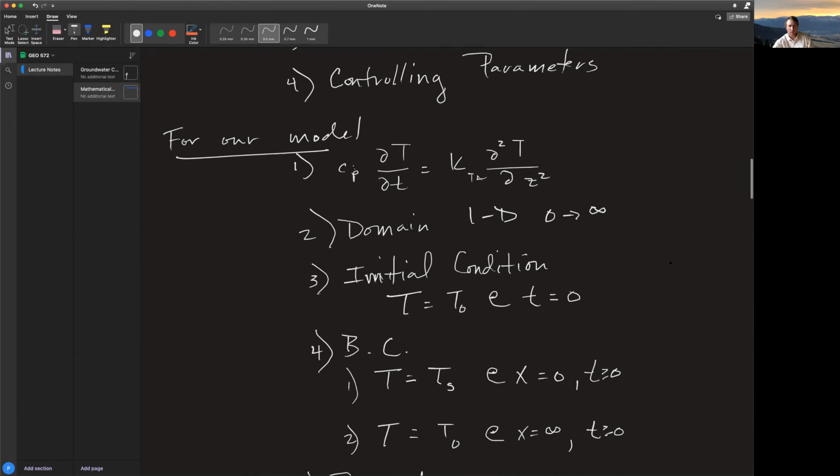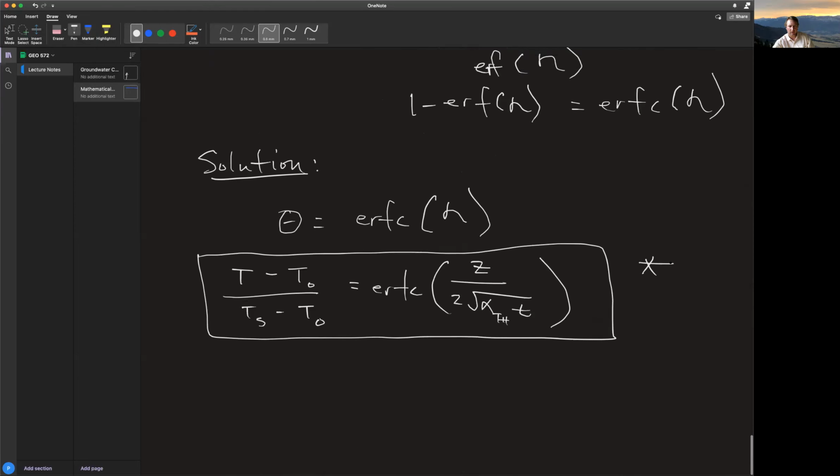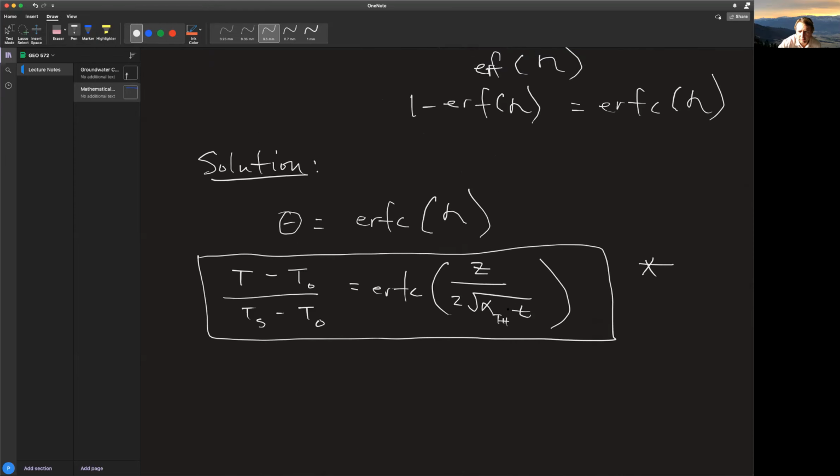Now we can use this analytical solution. We can plug any value for t in, any value for depth in, and we can calculate the temperature. This will allow you to calculate the temperature at any time and any place along the line.